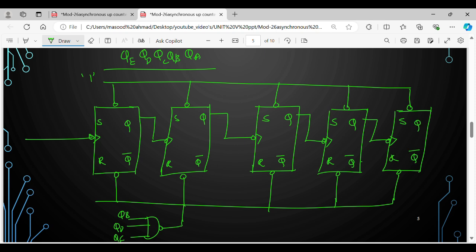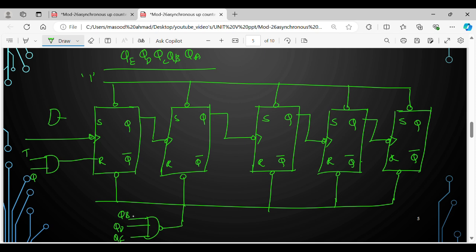For each flip-flop, what exactly will you do? You take an AND gate. R is TQ and S is TQ bar.